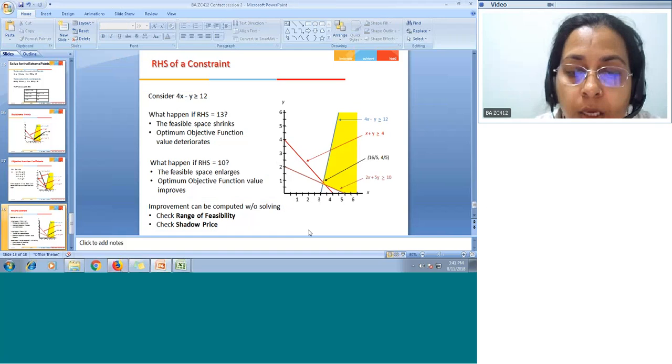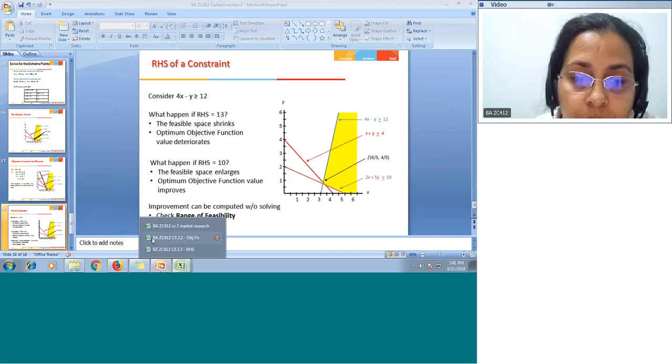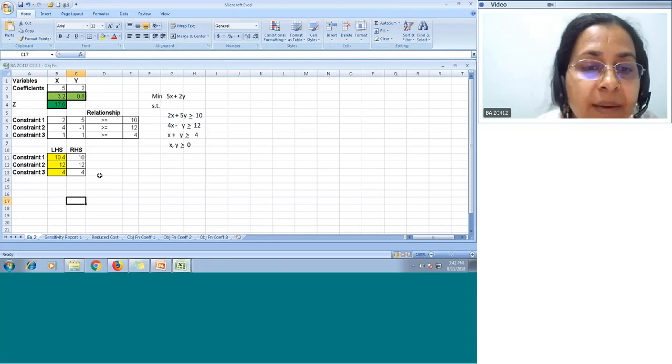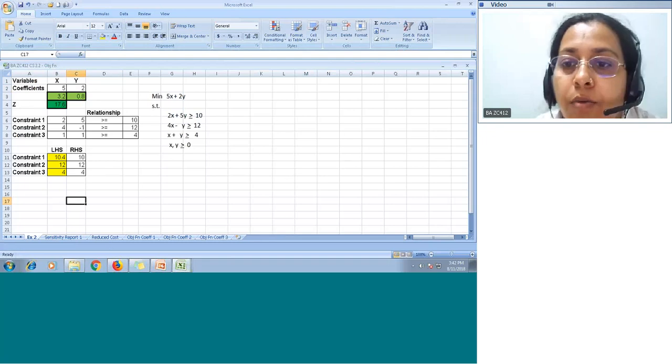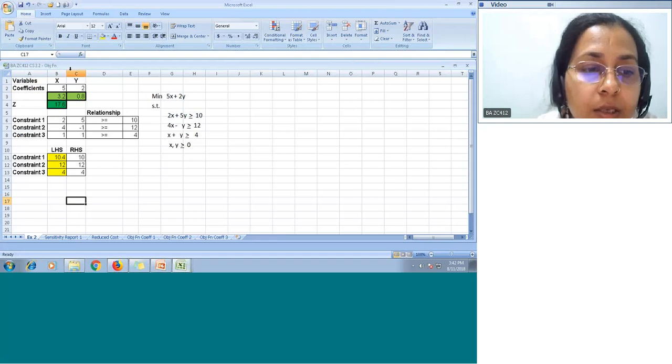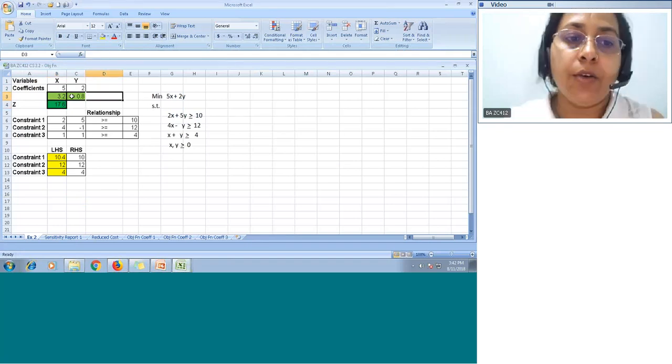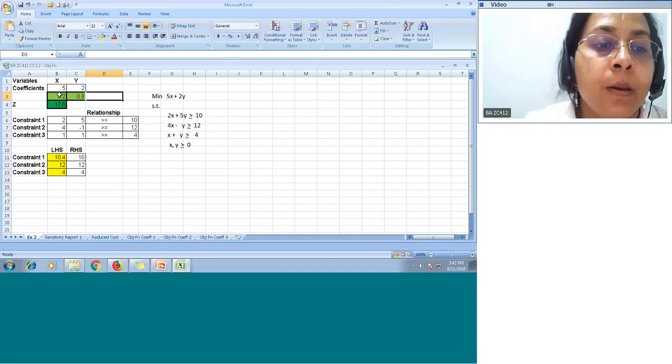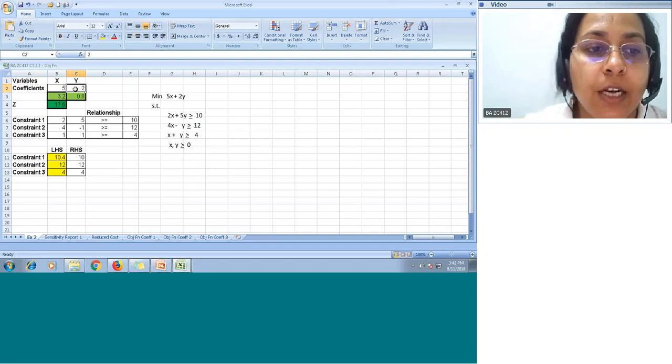So we see it here also. Okay, this is the same problem. I'm not able to solve it to show you how Solver will work and give you these answers. But let's say Solver works. Again I'm repeating, initially you have to keep these two light green columns at 0 or no values there. So x and y are the variables and their coefficients are just below that.